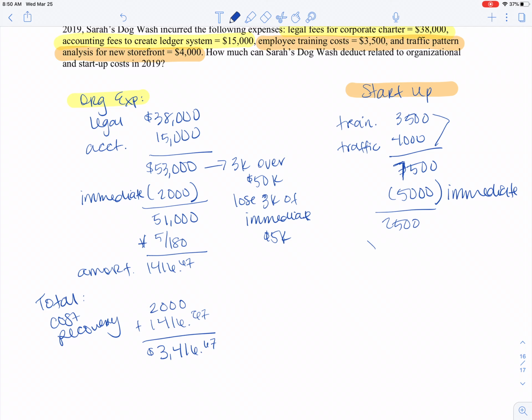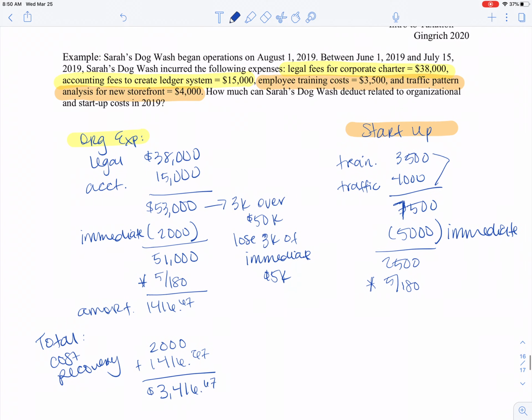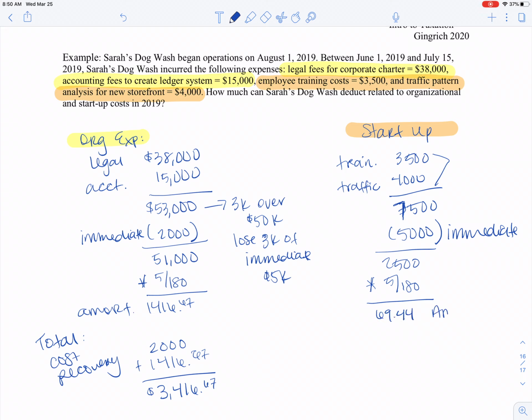I'm going to do the same strategy I did before. Because my business starts on August 1st, I get 5 months of amortization this year. So 5 over 180 is $69.44, and that's the amortization portion.